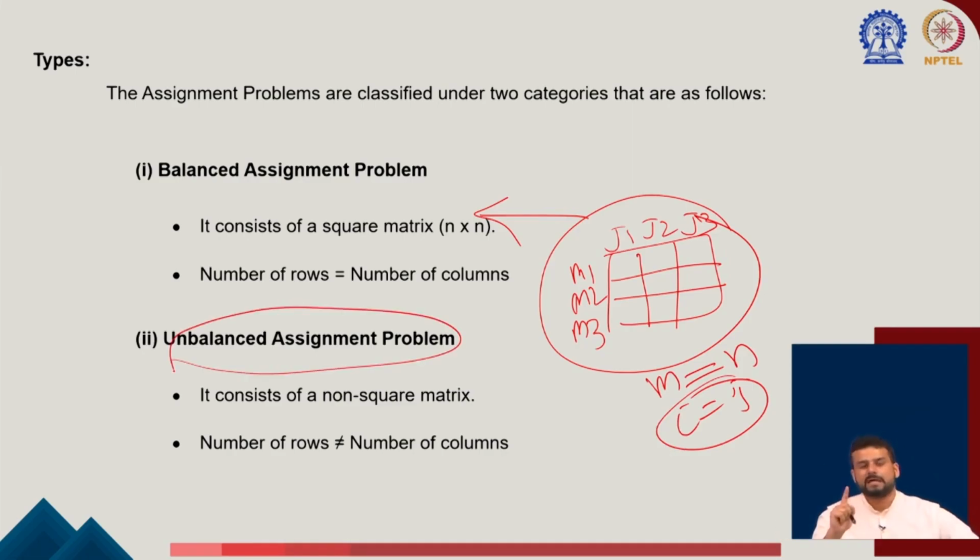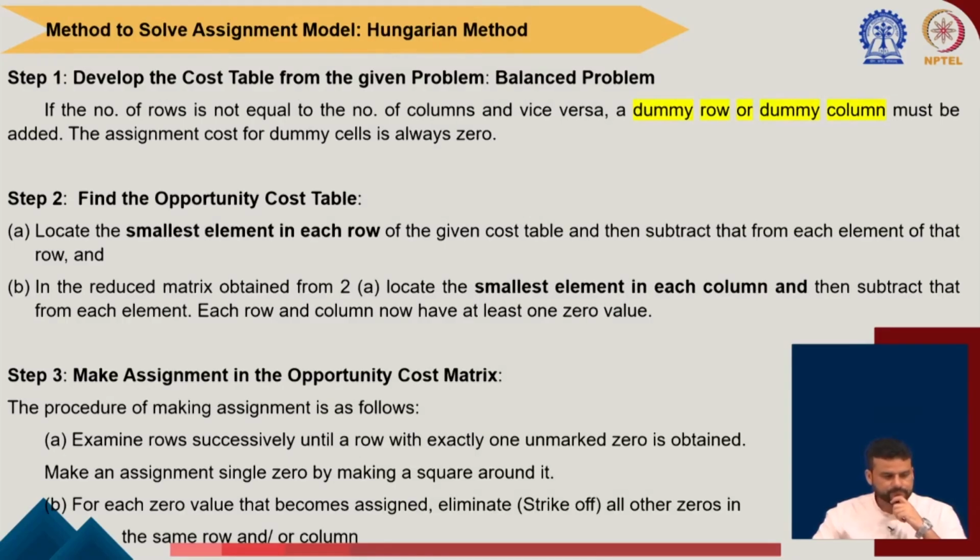In that case, we need to first convert the problem into a balanced one. How can we do that? We can add rows or columns, and then make the order of the matrix equal. We need to confirm a square matrix first, right? So we'll see that special case, how we make the unbalanced problem into a balanced problem.